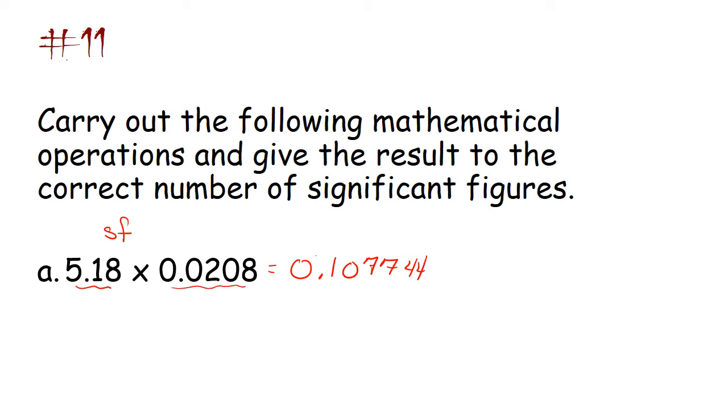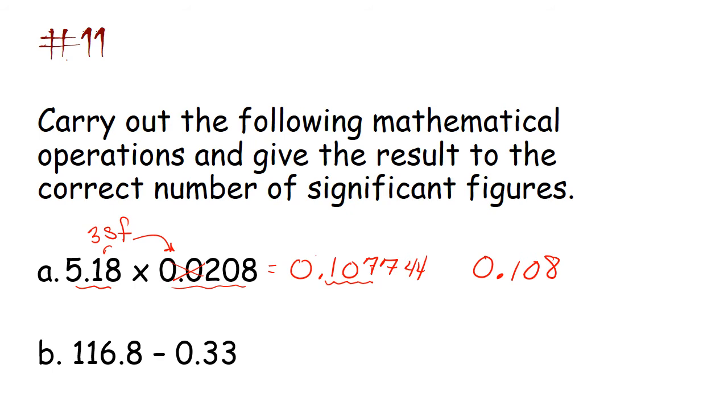This term also has 3 sig figs. Remember, leading zeros don't count. So because each of these terms has 3 significant figures, I'll write 3 sig figs for each one, then our final answer should only have 3 significant figures. So I need to round this number to 3 sig figs. Your final answer is 0.108. Give this one a try, please.